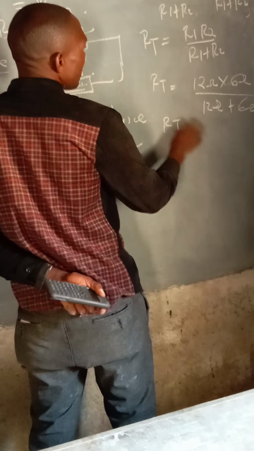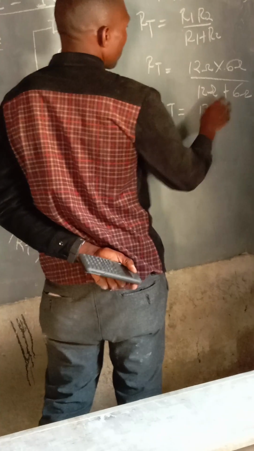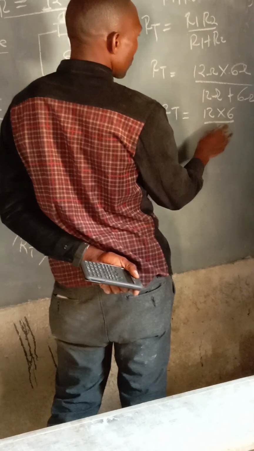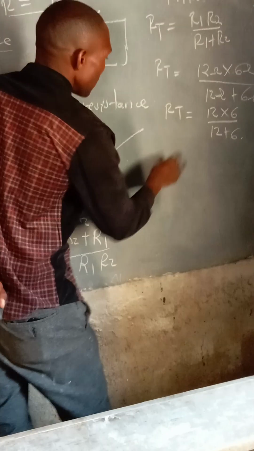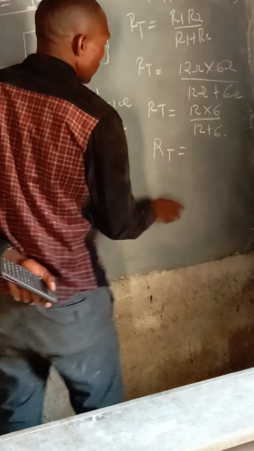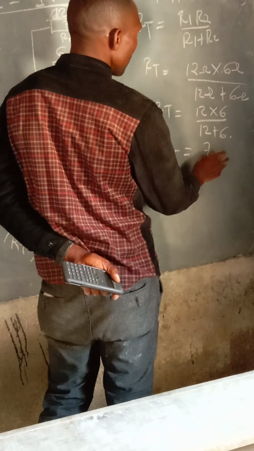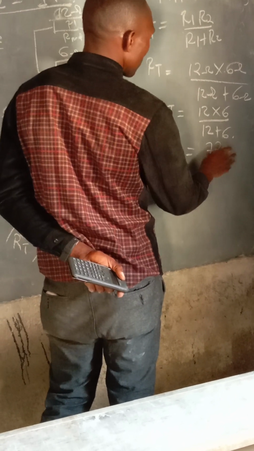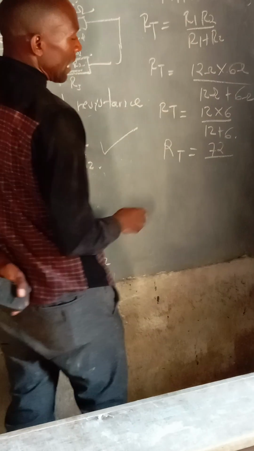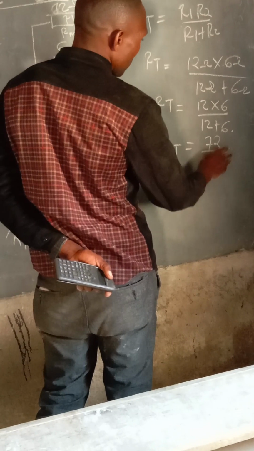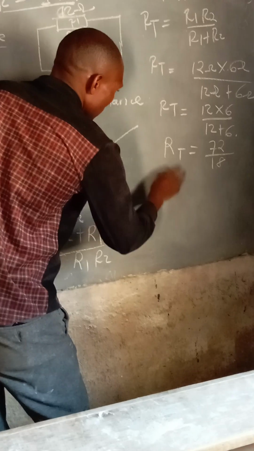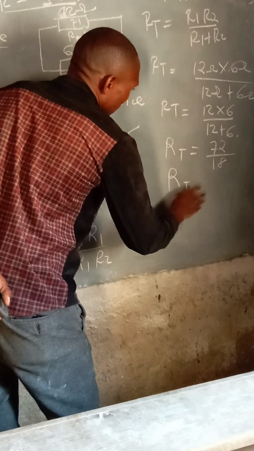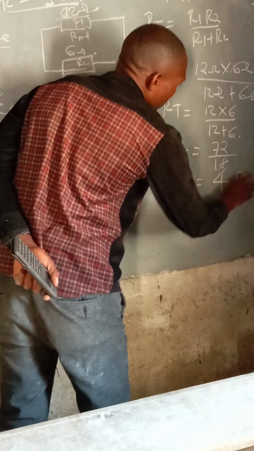So R total is equal to 72 divided by 18, which is 4 ohms.